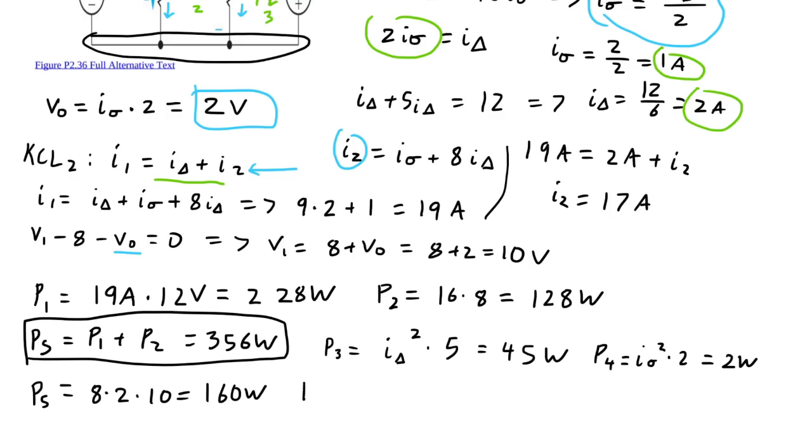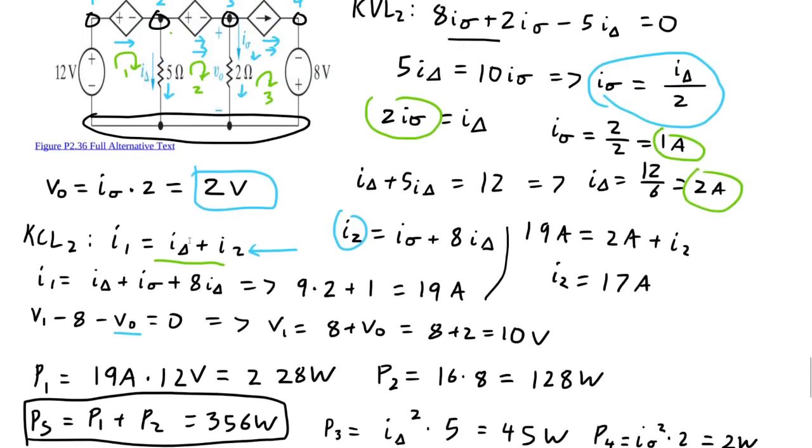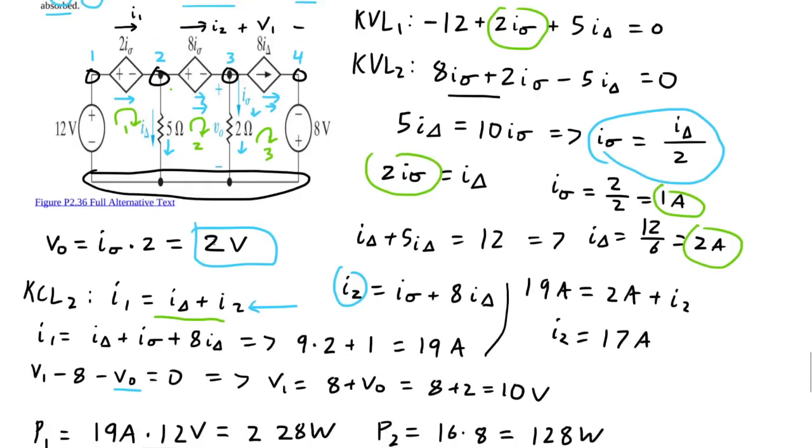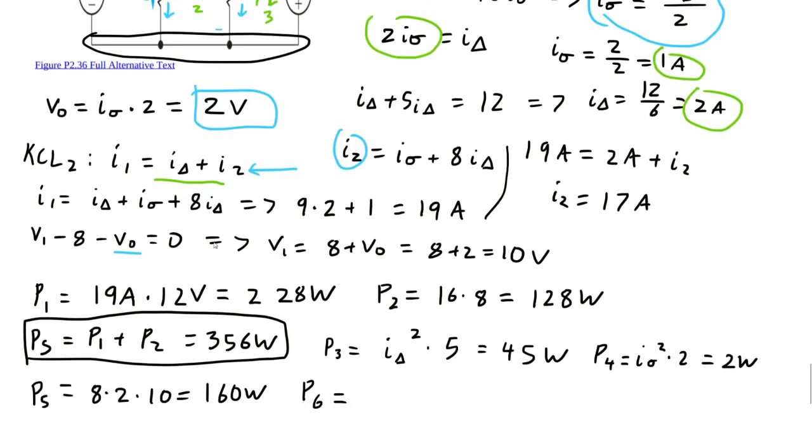Okay, so we're going to do the voltage sources now. So I'll call this P6, and we'll start with the 8 I delta one. It doesn't matter which one, but I'll just do this one. So 8 I delta, the current flowing through that is I2. So I2 is known to be 17, right?